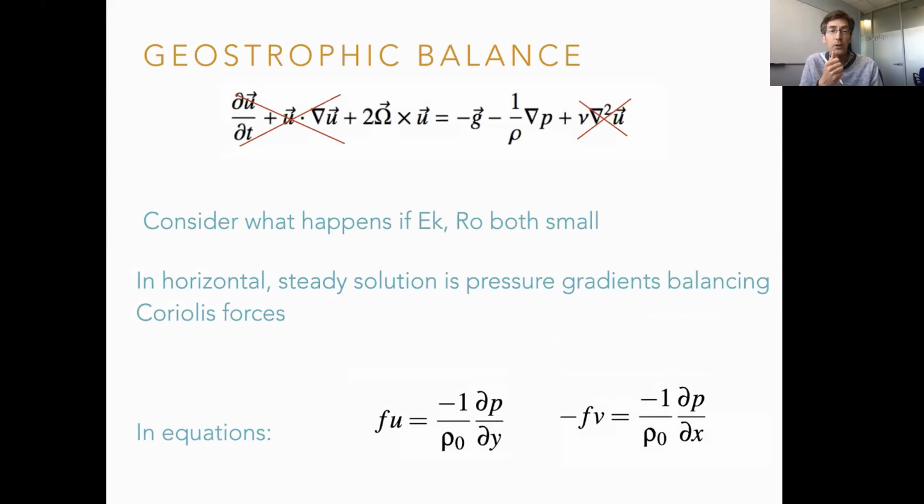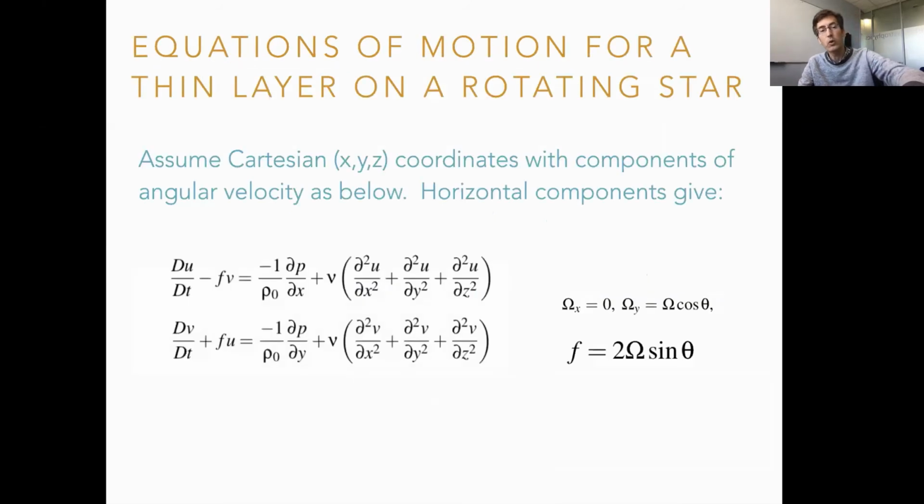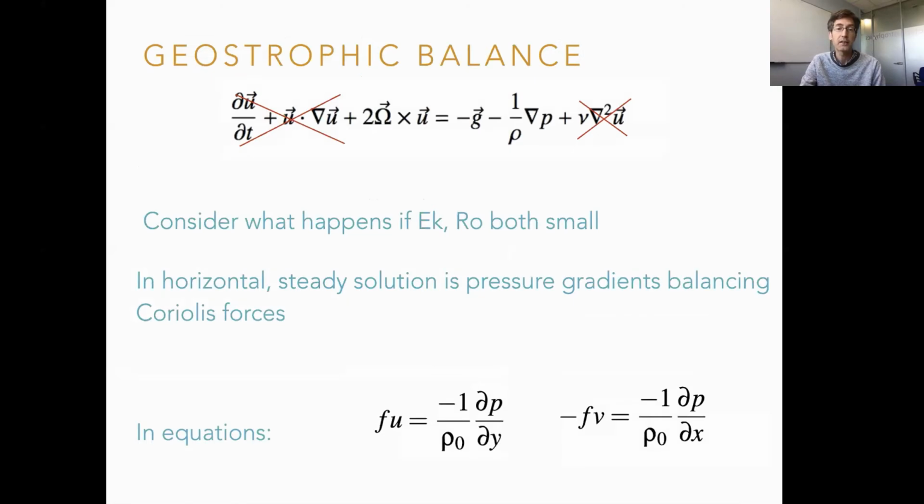In the vertical we'll have gravity, but in the horizontal directions the balance must be between the Coriolis term, 2 omega cross u, and the pressure gradient, del P. Going back to these equations, that is, between for example f v and minus 1 over rho dp dx.